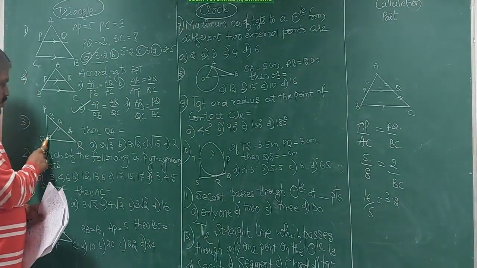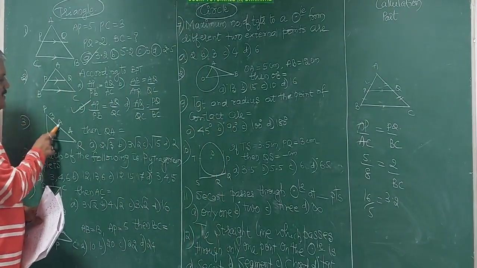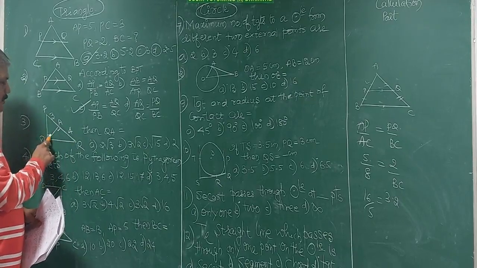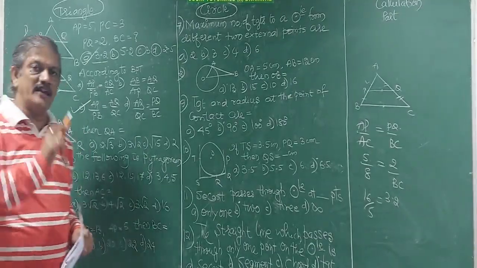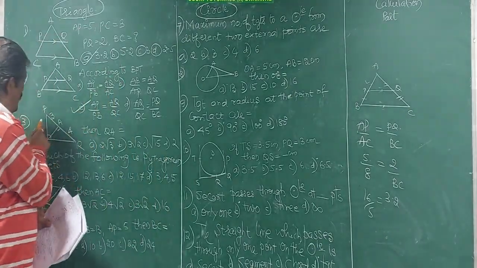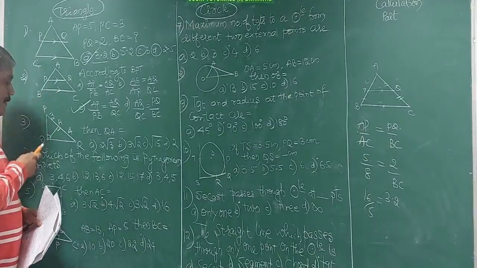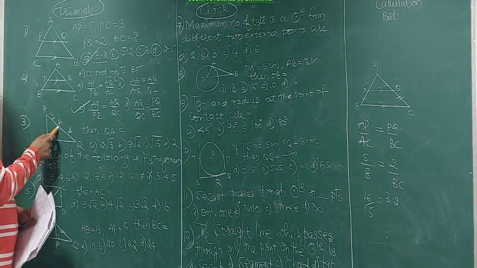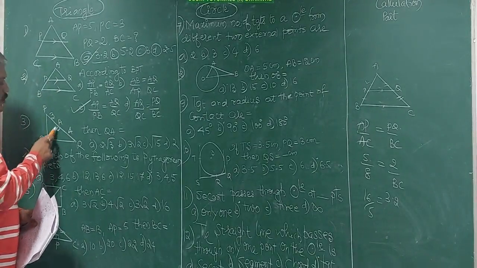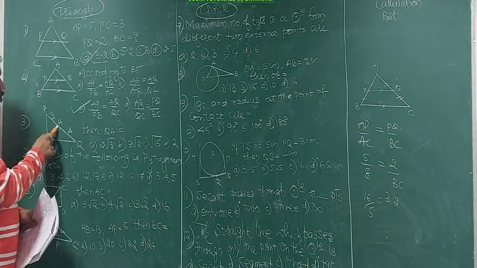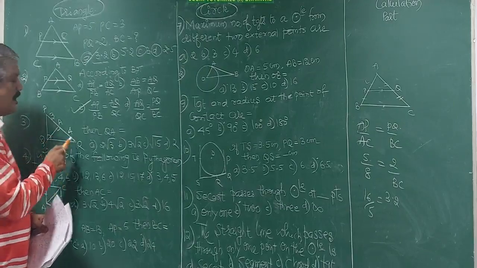it is QA is asked, PA is given as 3, AR as 4, it is perpendicular. Immediately remember ratios. Ratios you remember. PA divided by QA is equal to QA divided by AR. That is cross multiplication. QA square equal to PA into AR.